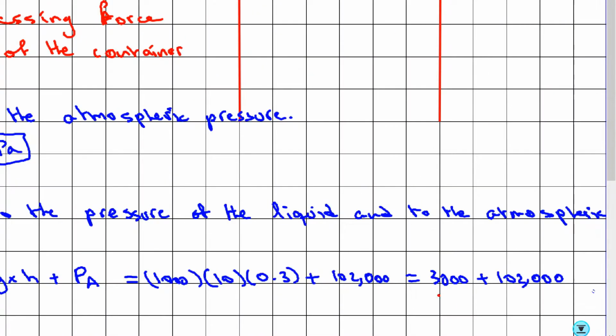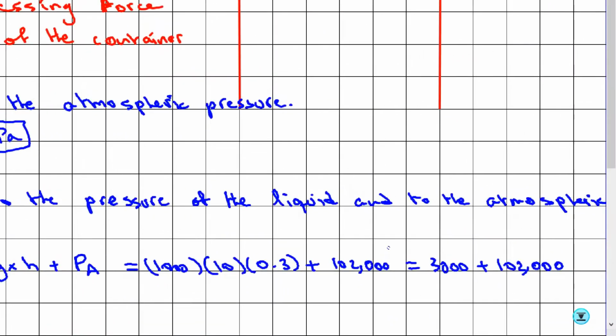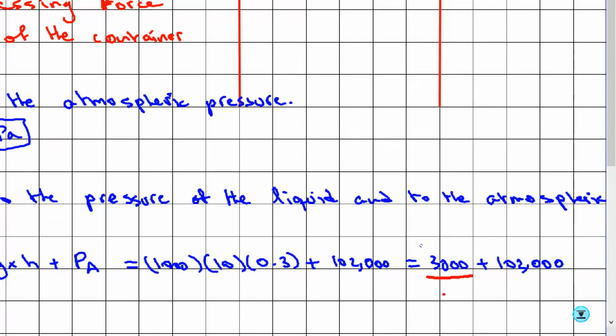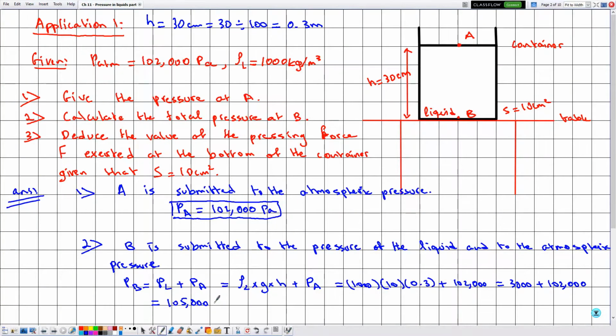Now plugging this on the calculator, the total pressure at the point B is given by 105,000. Since the atmospheric pressure, which is the pressure at the point A, is expressed in Pascal, and this is in the SI, and we know that the unit of pressure in the SI is Pascal, then this quantity is expressed in Pascal.